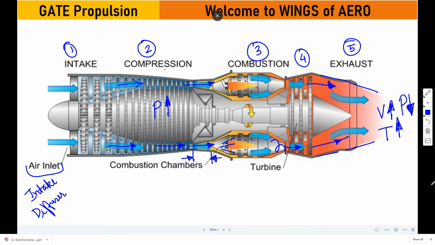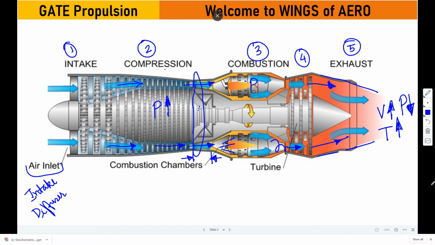In the ideal case, we consider that there will be no pressure loss. In the ideal case we always assume that there is no loss in that particular component or system. So in ideal conditions, whatever amount of pressurized air has been compressed at maximum, the same amount will be in the combustion chamber.